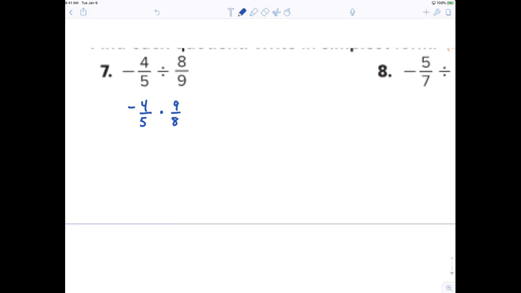Negative. Thank you. Now what can be reduced? 4 and 8. So that becomes a 1, and 2. Final answer, negative 9 over 10. That's super easy. The negative's already out there.